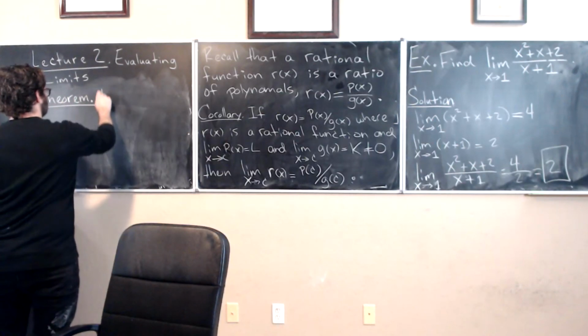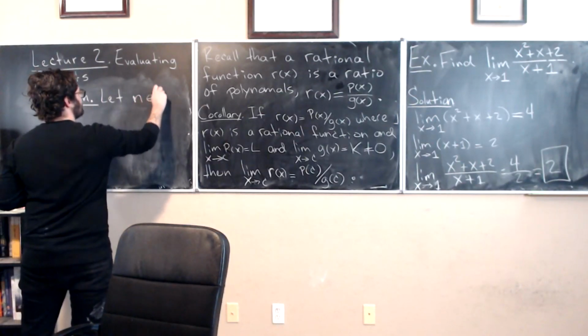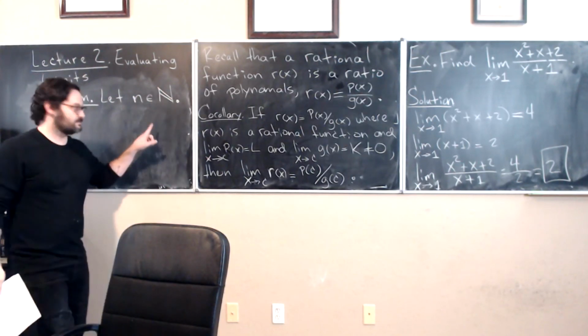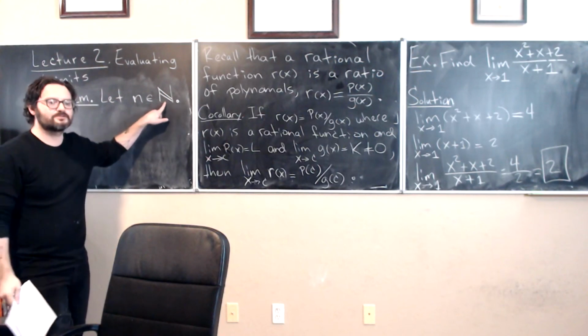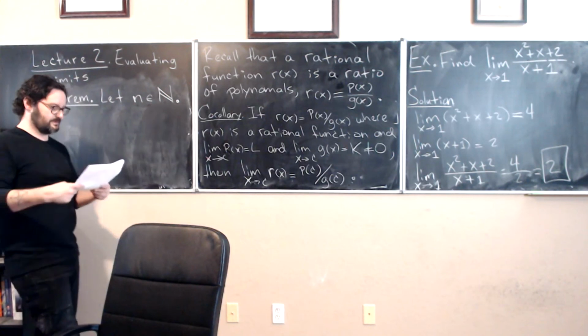Okay, so let n be a natural number. There's that notation again. n is a natural number this time, so a counting number, 1, 2, 3, 4, and so forth.